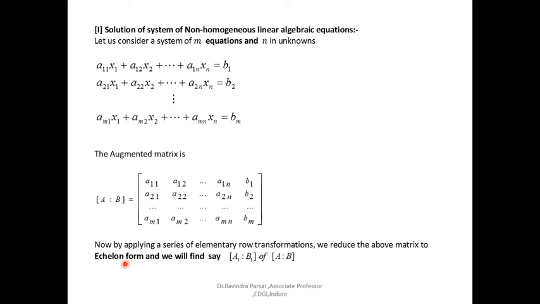Now by applying a series of elementary row transformations, we reduce the above matrix to echelon form. The symbol for the augmented matrix is A|B.